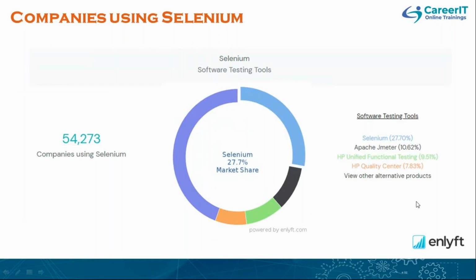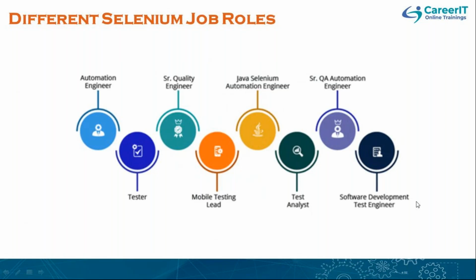Next, what are the different job roles we generally see? For freshers, generally we call it automation engineers or simple testers. For senior people we have job roles like senior quality engineer, senior automation engineer, or mobile testing automation lead, and Java Selenium automation engineer, senior QA engineer, test analyst, SDET, technical test lead, technical test staff, principal software engineer.